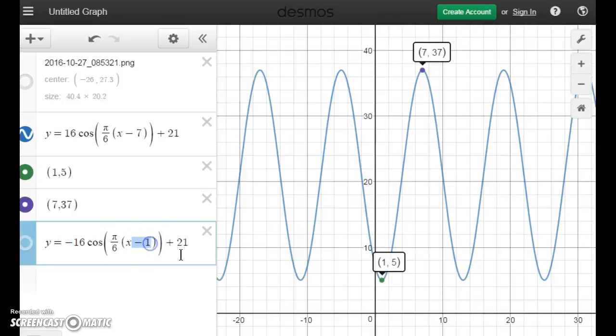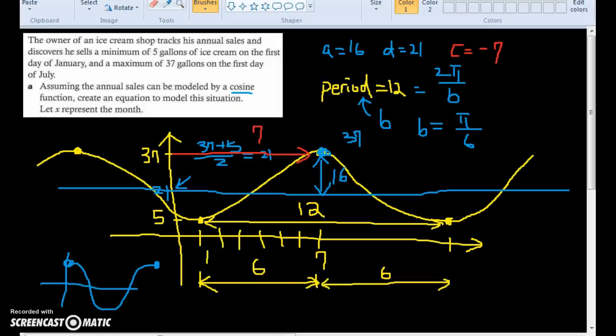Because of this negative, and also the C is different. The way that the textbook solved it was using the minimum point to see how much it has shifted to the right, instead of using the maximum point like I did. Alright? Also, for a cosine graph, we already talked about it just now, I should start with the maximum and go down.